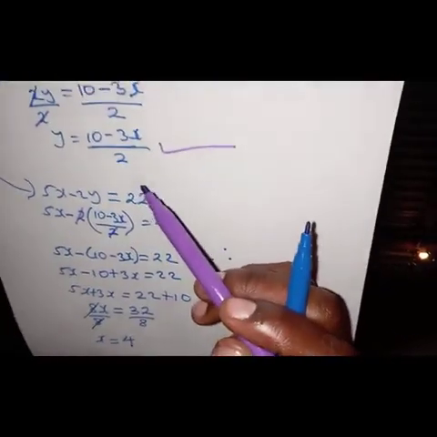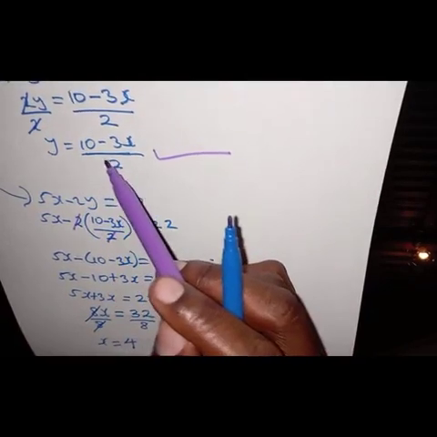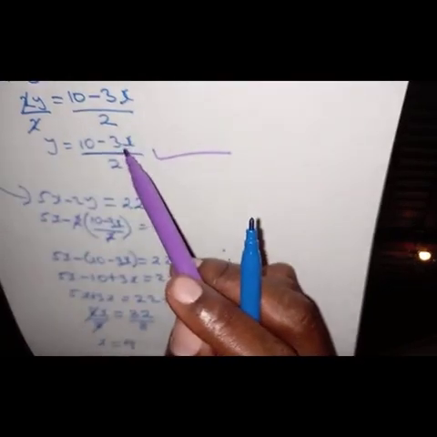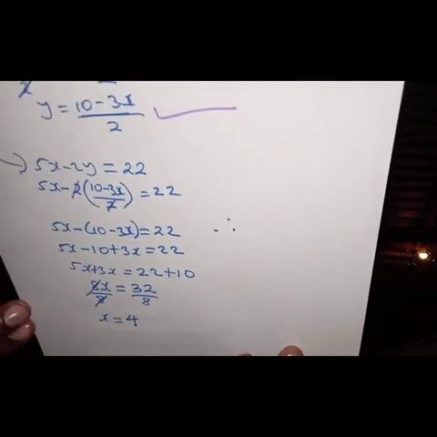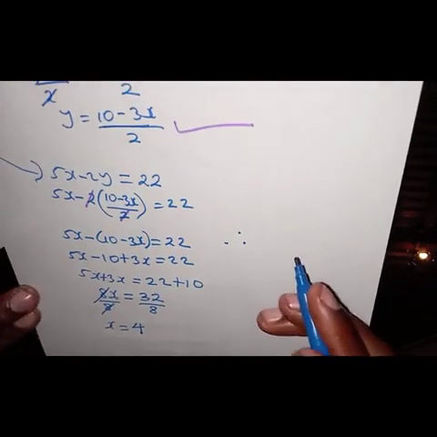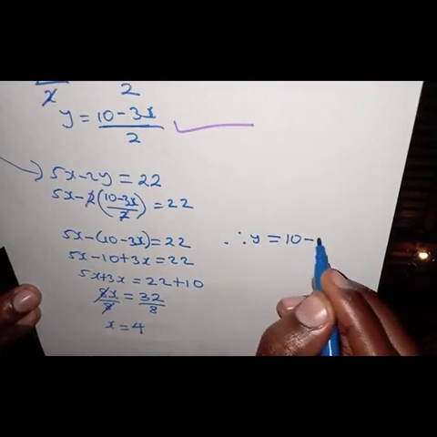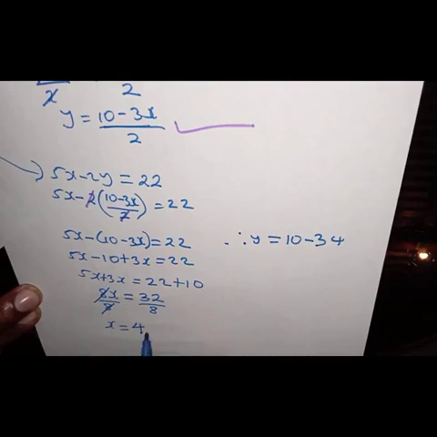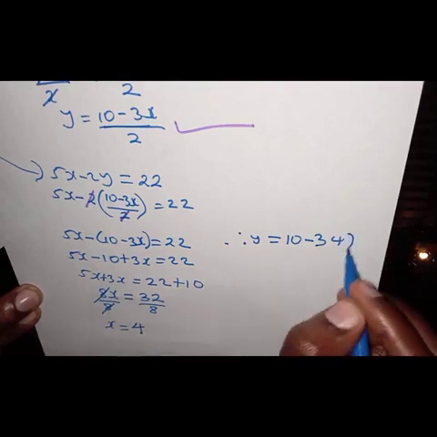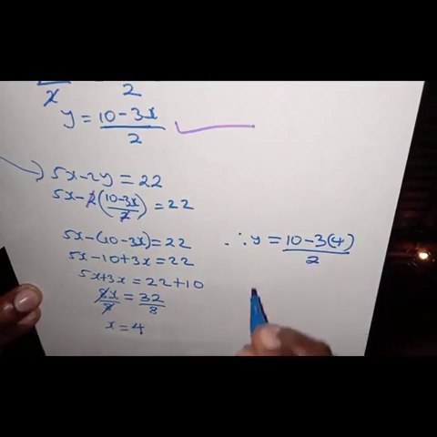Or you can use this one where y has been made the subject of the formula already. Where there's x, put 4. So let's do it. So y is equal to 10 minus 3, where there's x, we have found 4, put in brackets, which means multiplication, over 2.